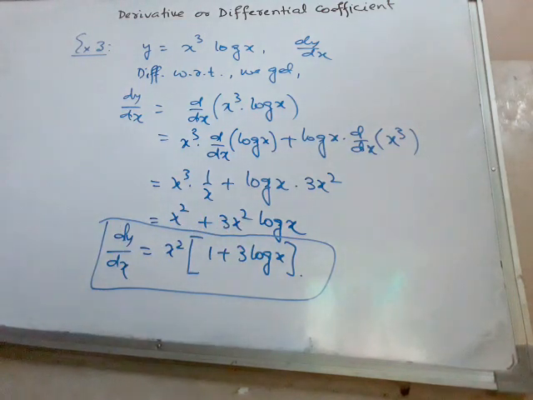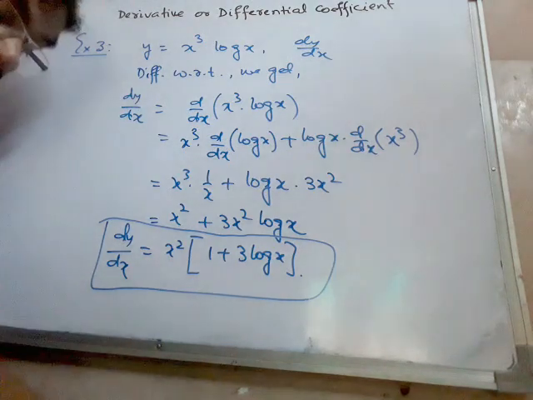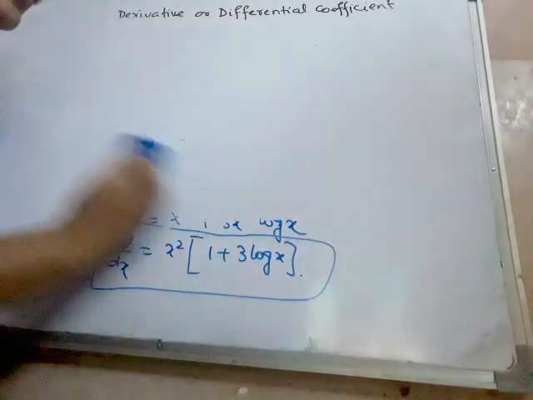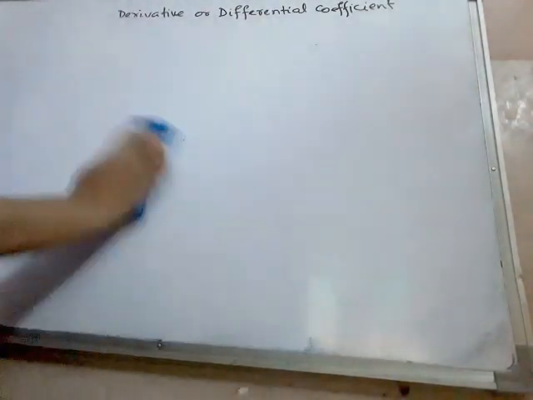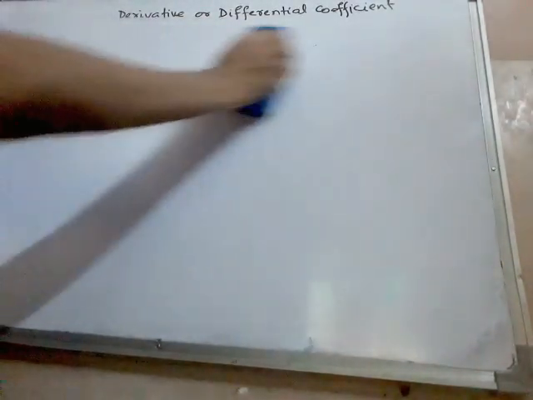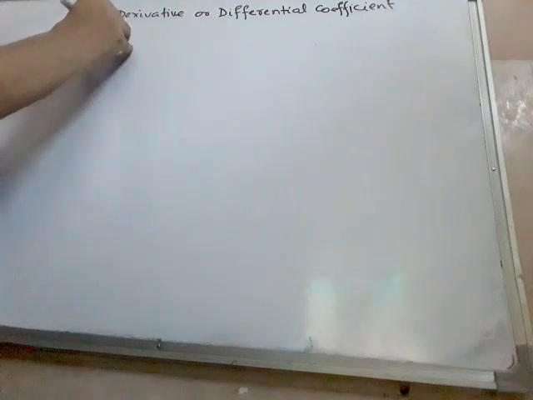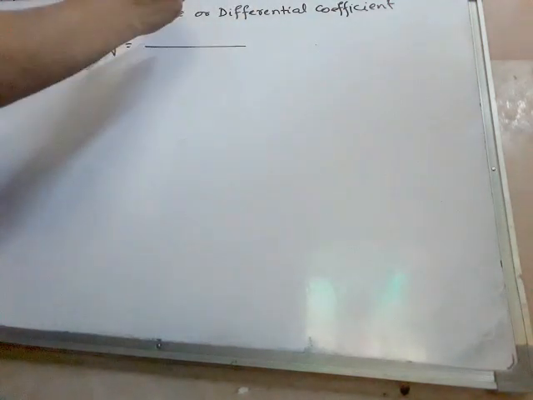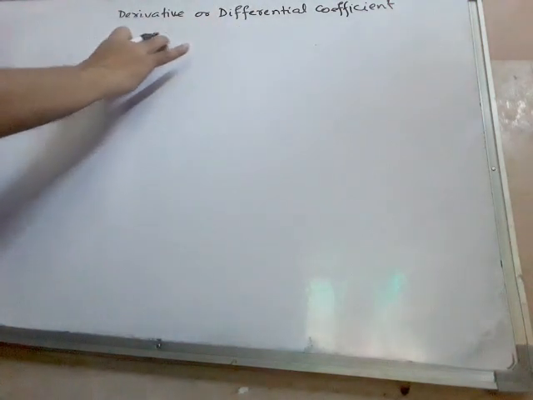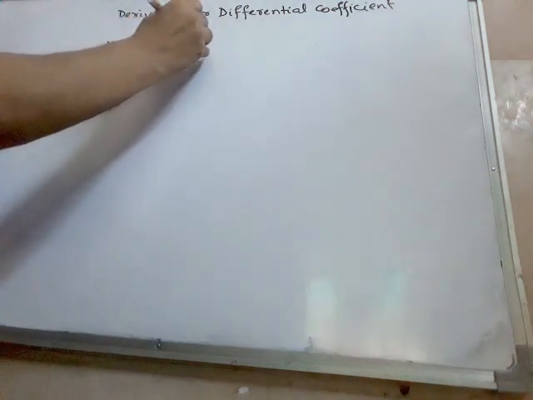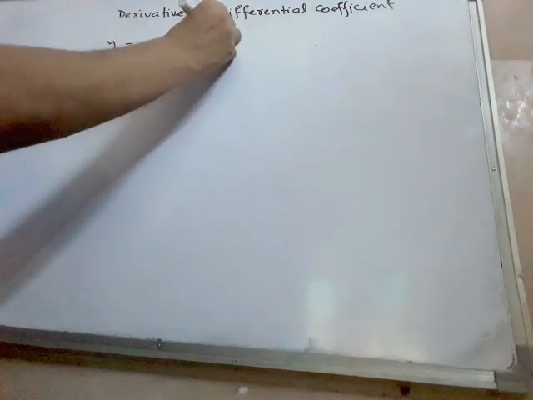Example number 4. Say y equal to e to the power 5x into sine 3x.